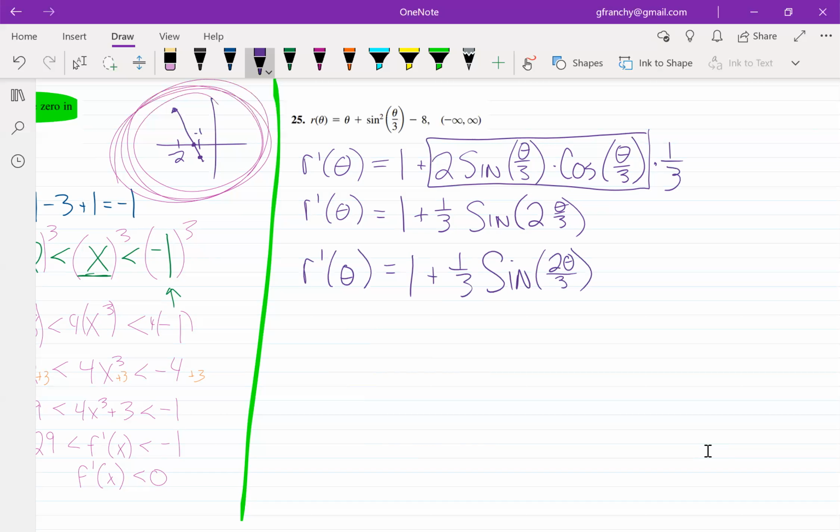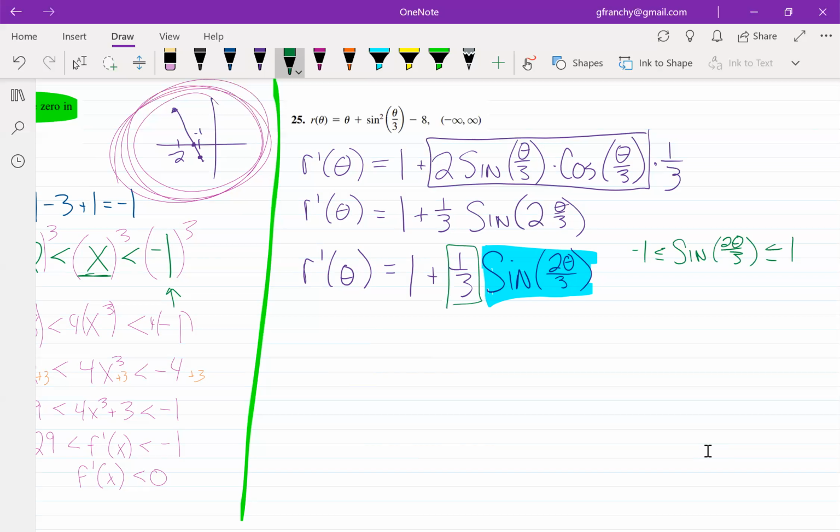Now, where does this get us? Now that I have it just as the sine of something, we know that the sine of 2 theta over 3 is always going to be bound between positive and -1.